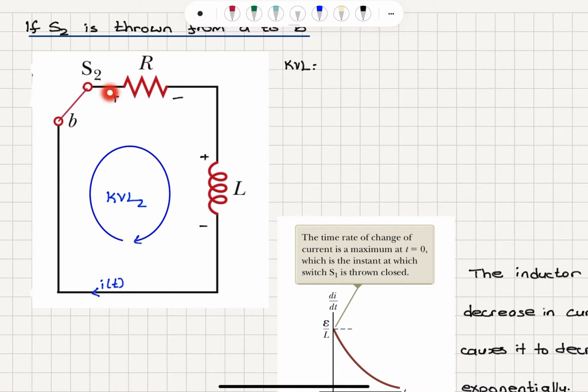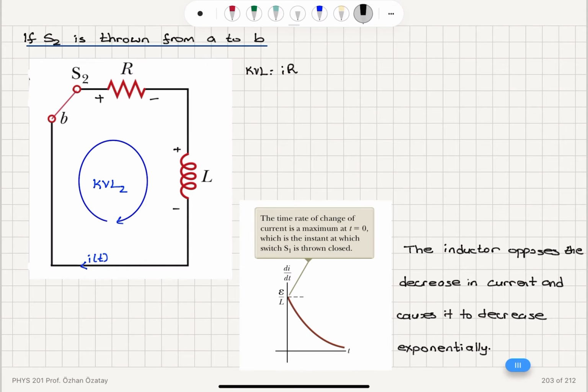So the voltage drop on the resistor is I times R, the resistance, and the voltage drop on the inductor is L dI/dt. And since there's nothing else in this circuit, these should add up to 0.